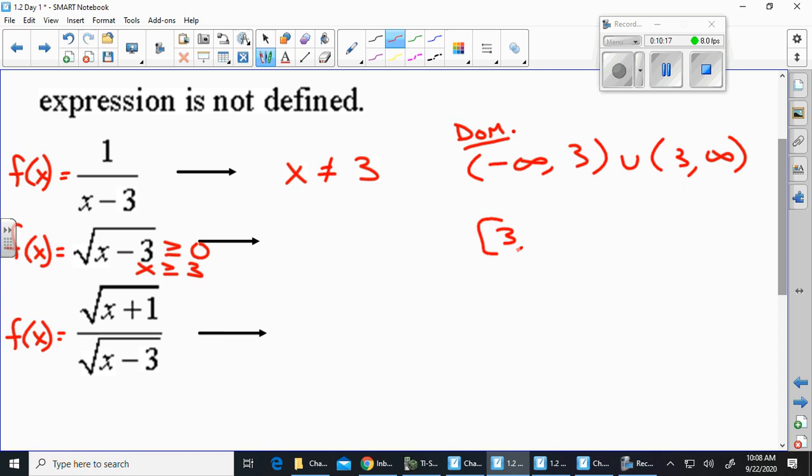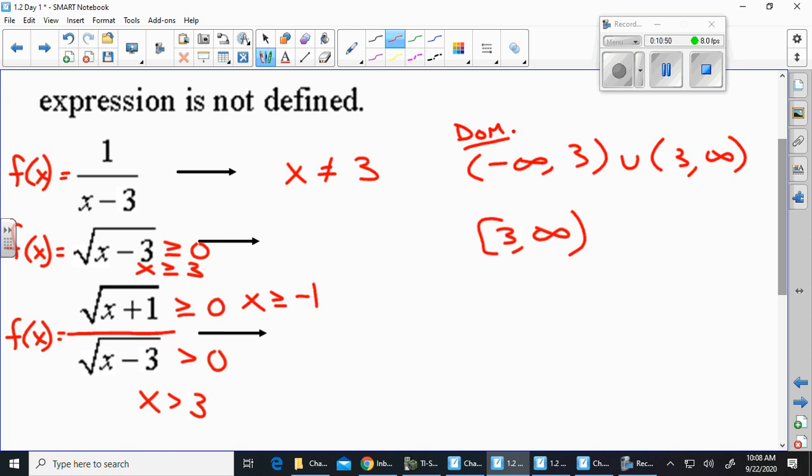I can put 3 in and anything after 3. Well, if you look at this last one, this has to be greater than or equal to 0. This has to be greater than 0 because it can't be equal to 0 because it's in the bottom. So this is x is greater than 3. This is x is greater than or equal to -1.